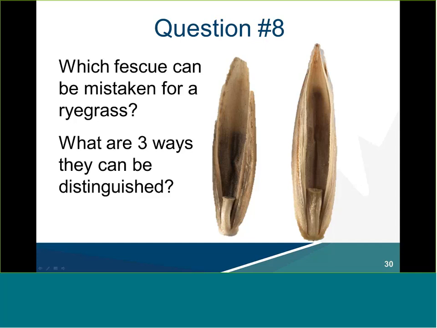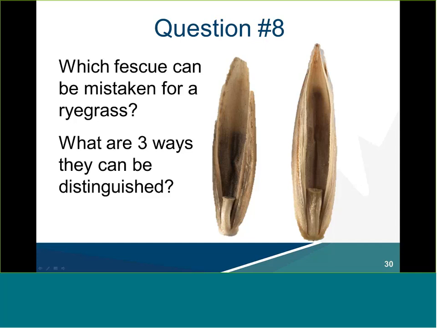So what are some ways that they could be distinguished from each other? All right, so you got your rachilla and your callus.